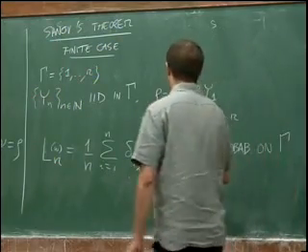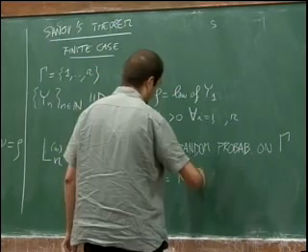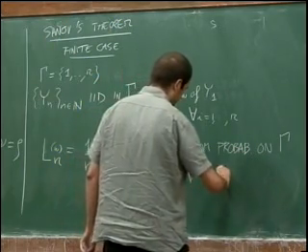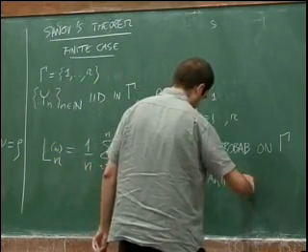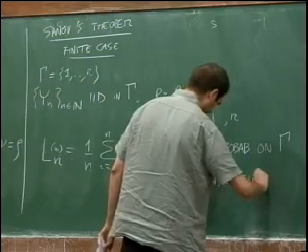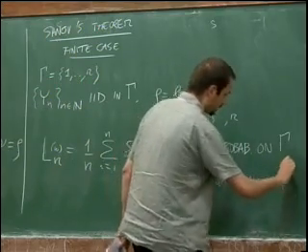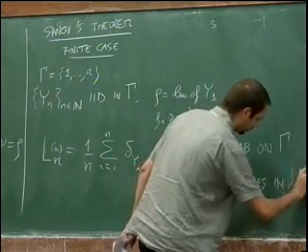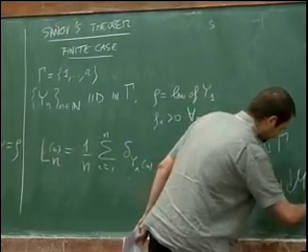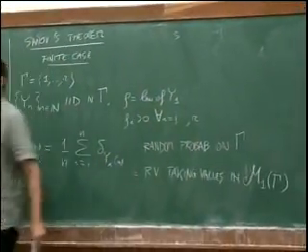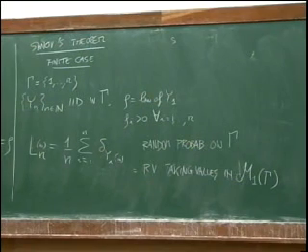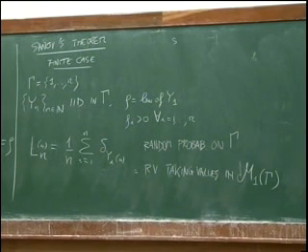That is, it's a random variable taking values in the space of probability measures on Γ.